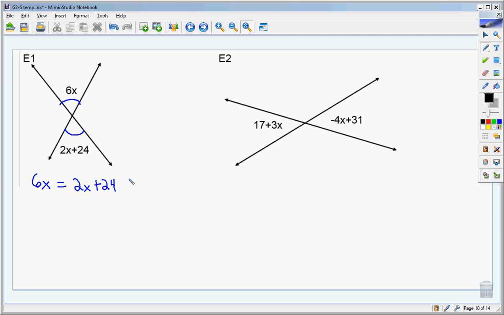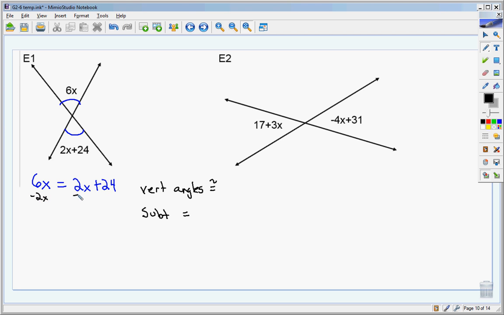And if I wanted to put a reason beside it, vertical angles are congruent. What would I do next to solve this? That would be the reason, the subtraction property of equality. What am I going to subtract?